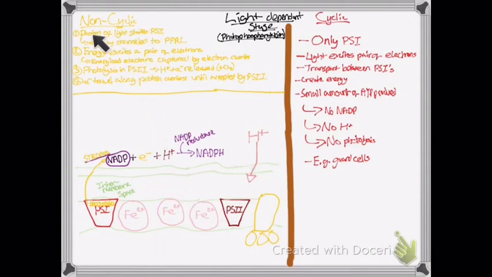So first of all, a photon of light strikes PS1, so photosystem 1. So we have light strike PS1. Okay, I'll draw these wavelengths. That's light hitting it. Okay, let's get rid of that now because I don't have too many lines on this diagram. So light hits this. That excites a pair of electrons.